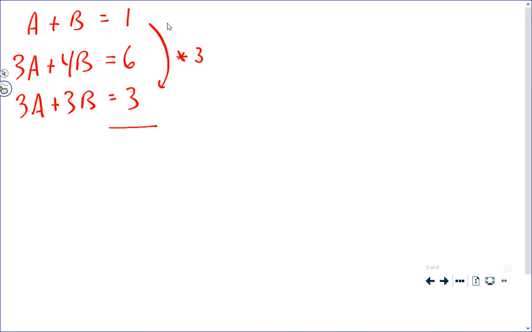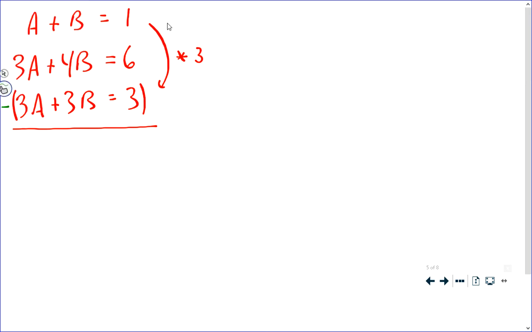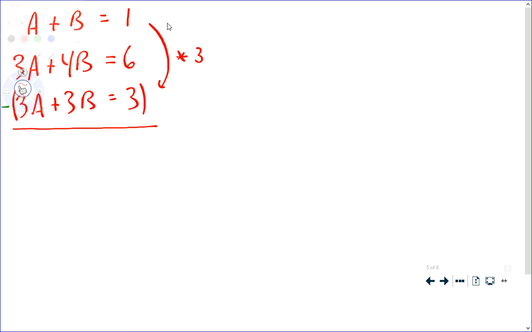What this allows me to do is subtract these 2 equations and eliminate the a's. And what I end up with is that now I know the value of b. I have 1b = 3, so I know b.